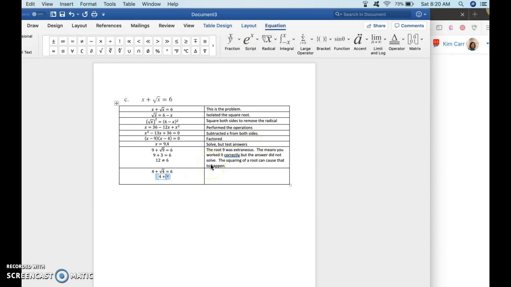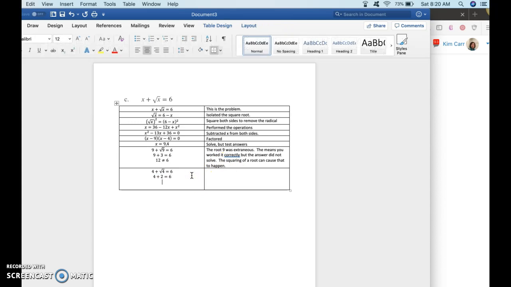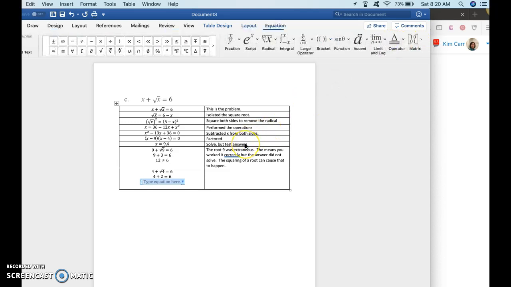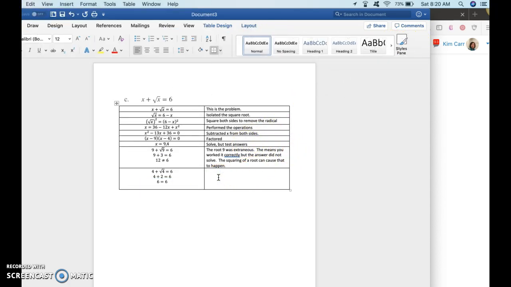So 4 plus 2 equals 6. 6 equals 6. Okay, I hope that helps.